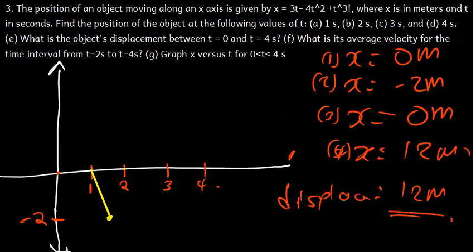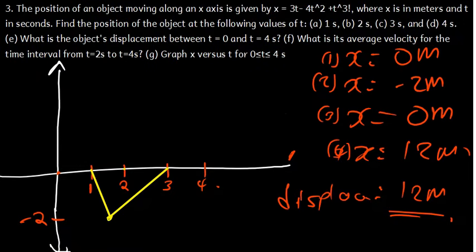Then next we can see that from this point it went directly to 12. At first it came from here all the way to 0 when t was 3. So it started from here, and when t was 3 it went all the way to this point.